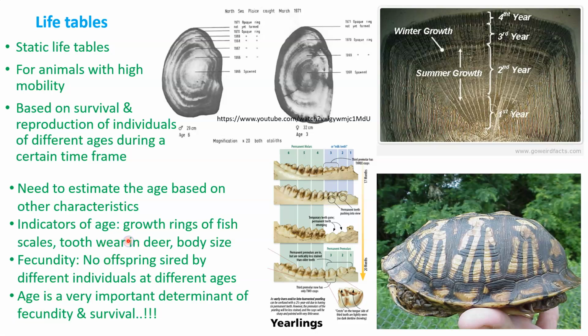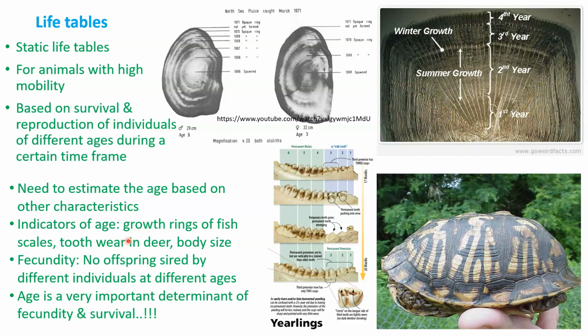If you recall from the previous slide, cohort or age-specific life tables, also known as dynamic life tables, are constructed based on data collected by following a cohort throughout the cohort's lifetime, right? Now, that kind of approach is rarely possible with natural populations of animals. It is also difficult, particularly for humans, right?